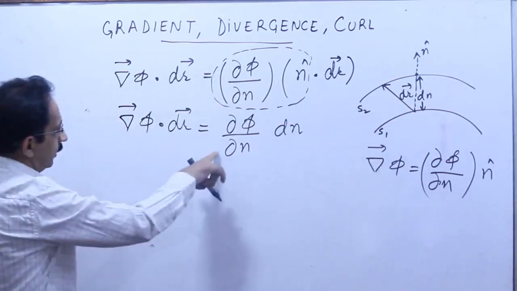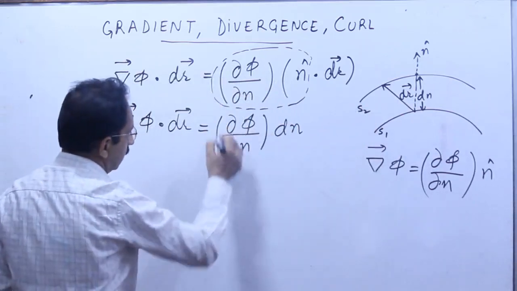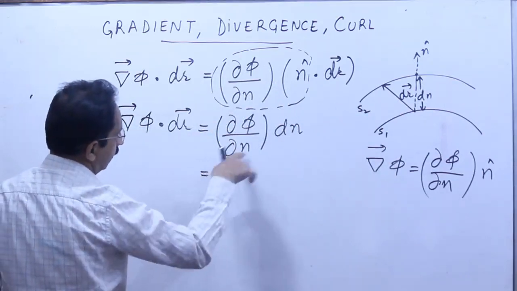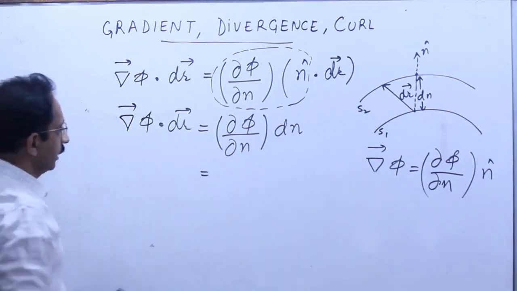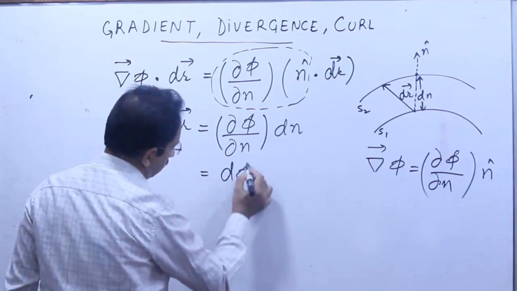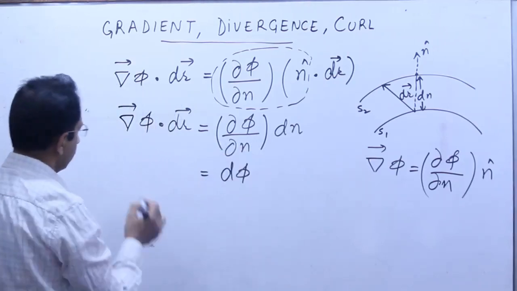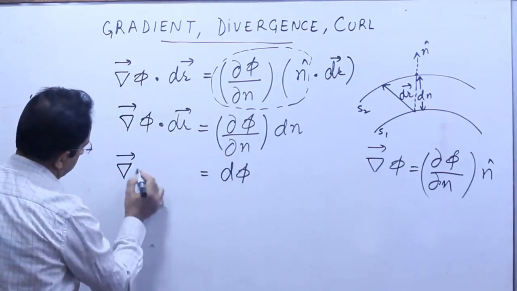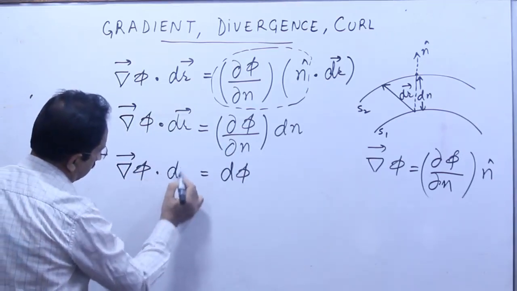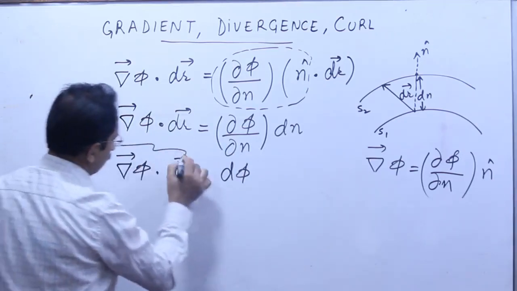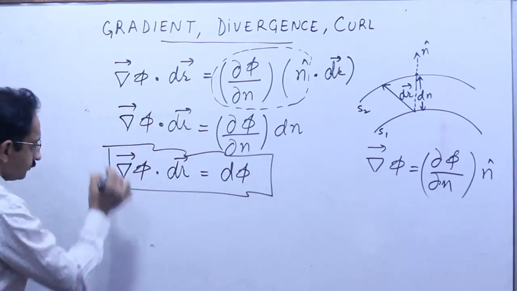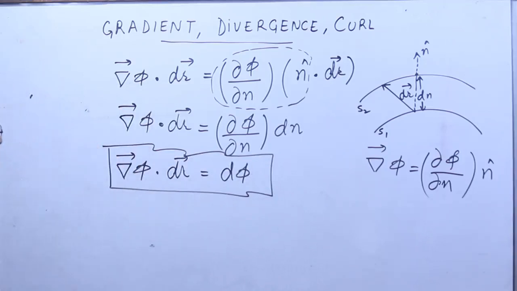So this result that we have got, if you go by the product here, this is simply the total change in value of phi, and that way del phi dot dr is equal to d phi. And this result would be of importance.